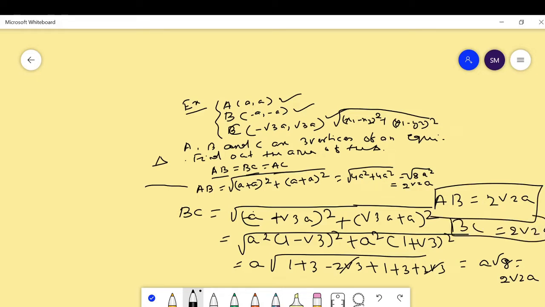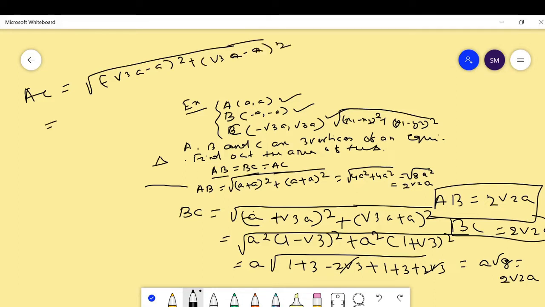In the same way, we can find AC. AC is equal to the square root of (-√3a minus a) whole square plus (√3a minus a) whole square, which is equal to a square (1 plus root 3) whole square plus a square (root 3 minus 1) whole square.